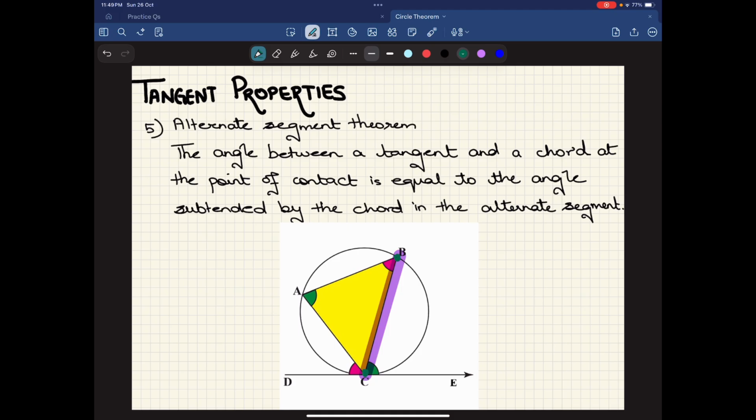So see from here and here. This chord is making an angle in the alternate segment at the circumference. So this is that angle. So this angle is going to be equal to this angle. So this is the theorem. Okay. Now let's see if the other chords also qualify.